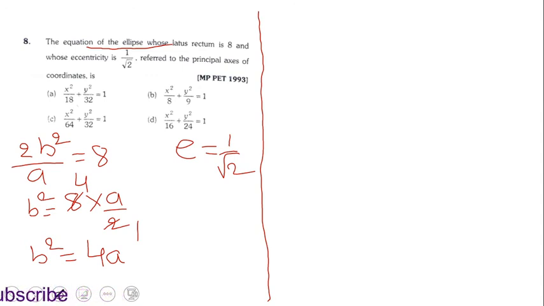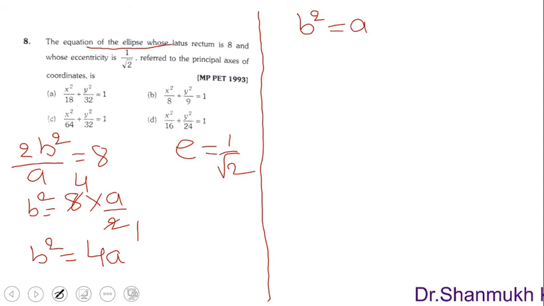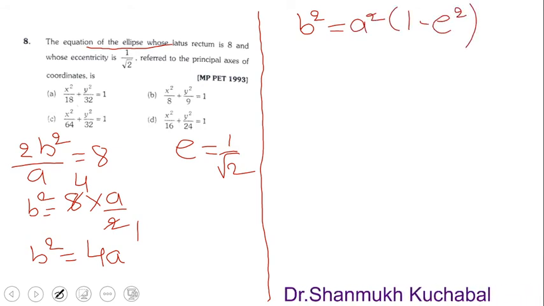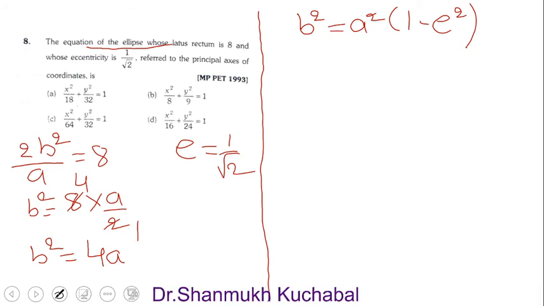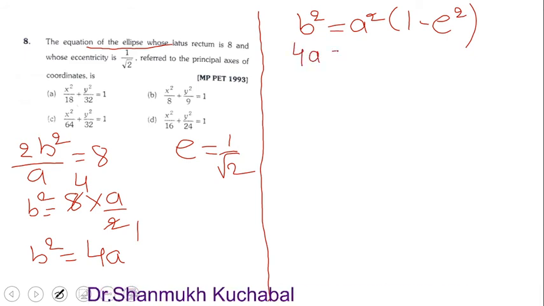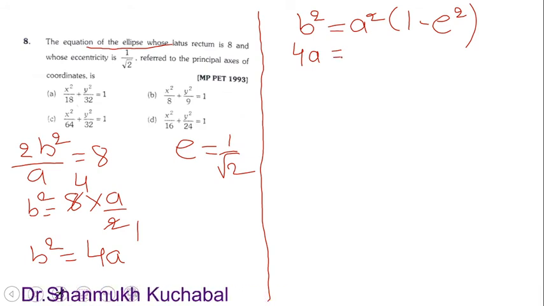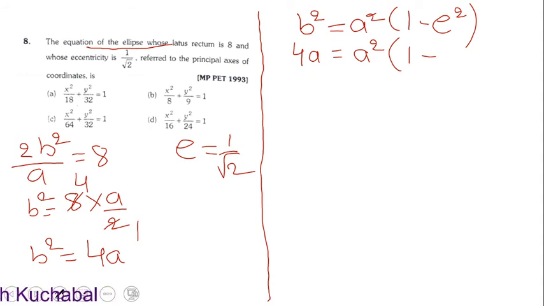That formula is b square equal to a square into 1 minus e square. This is the formula. Then b square is 4a, as I have written here, and a square we don't know, so as it is I write it, 1 minus e square, where 1 by root 2 square is 1 by 2 here.